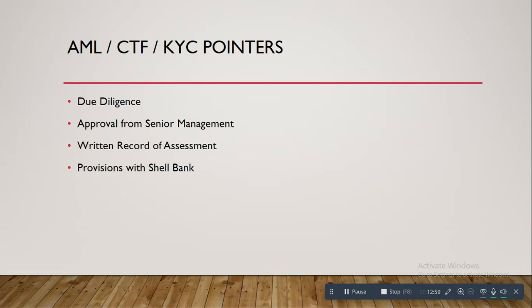Then the fourth thing that is seen is prohibitions with shell banks. Majority of the time, you can say 100% of the time, shell banks are not onboarded as a respondent bank. So this is a gist of what happens when a relationship starts as a correspondent banking relationship.